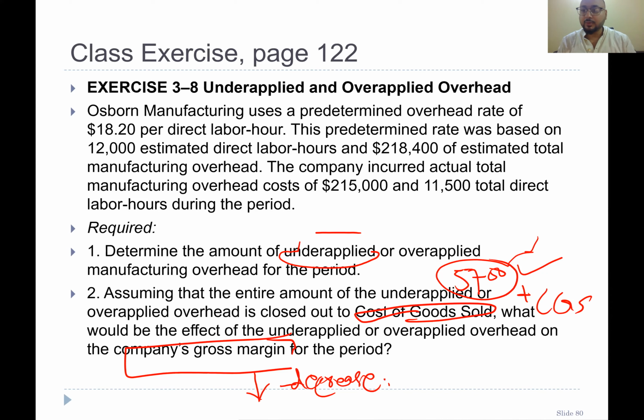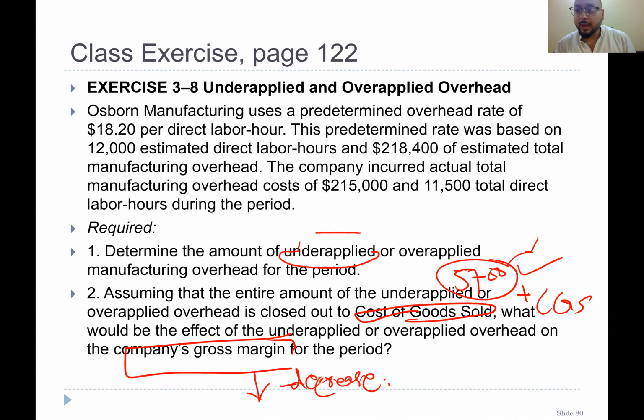And the difference you adjust to your cost. If under applied, then your cost of goods sold must be increased. If over applied, then your cost of goods sold must be decreased. When your cost of goods sold must be increased, in the under applied case, your profit will go down because your estimation is not good, actual is above the estimation.